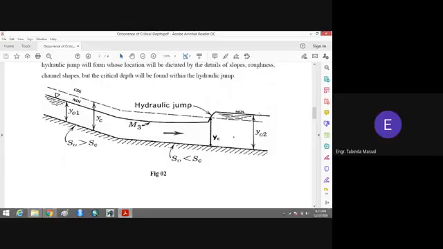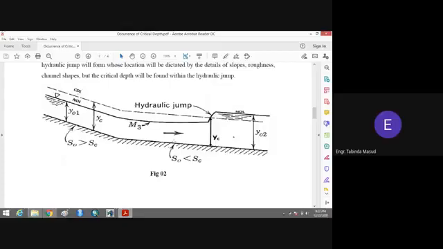Why? Because this is a mild slope. The flow of very high velocity, here at the steep slope the velocity is very high, and when it comes to the mild slope the velocity gets an abrupt change. The velocity will be stopped. Its kinetic energy will be converted into the potential energy, so a hydraulic jump will be created.